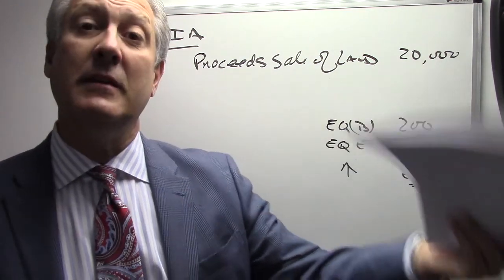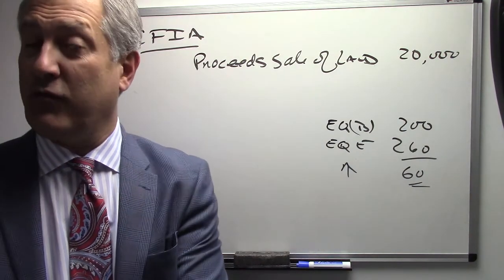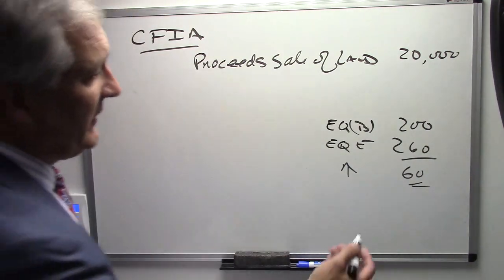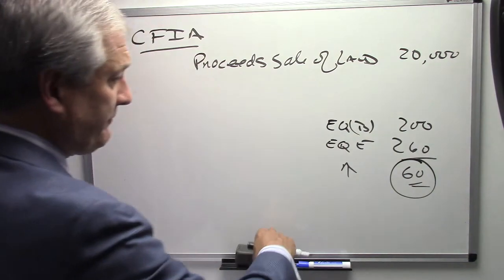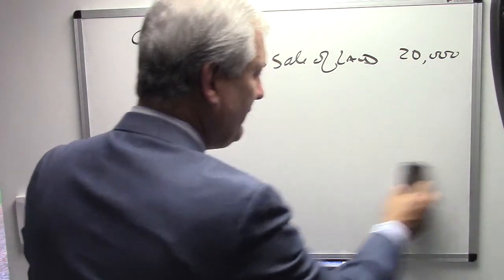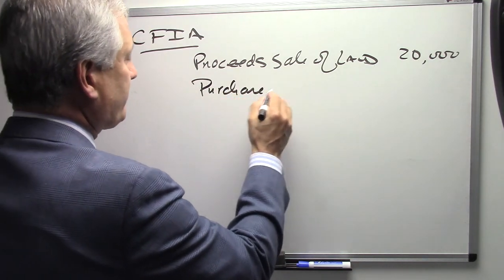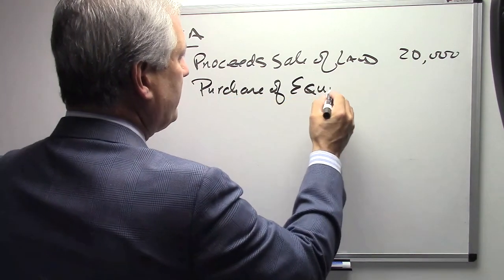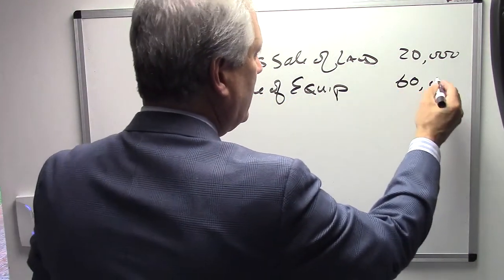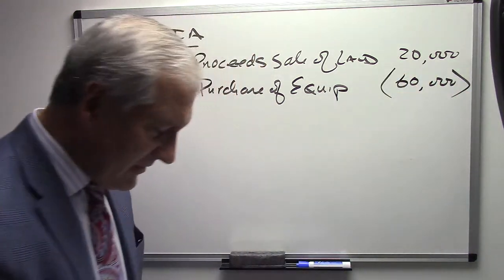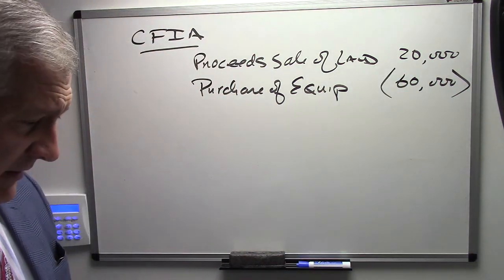They debited equipment, and they must have credited cash for the $60,000. So there was a cash outflow. We'll call this purchase of equipment for $60,000. It's an outflow of cash.